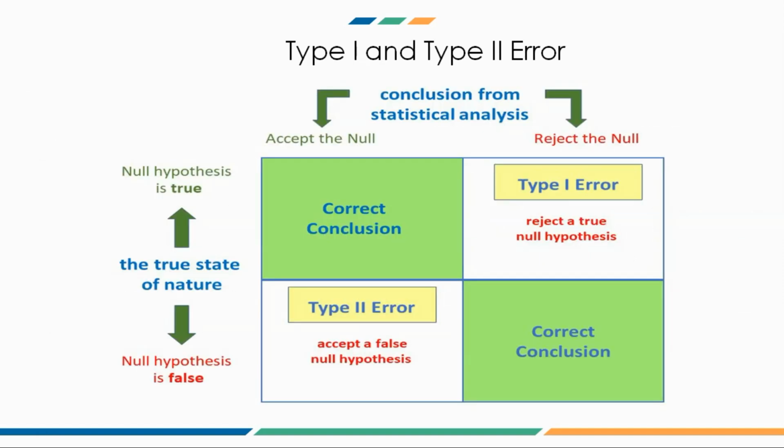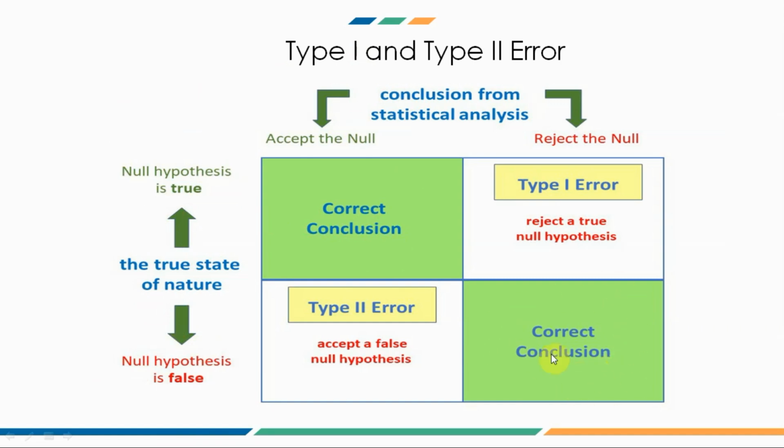Type 1 and type 2 error. This is another important topic in sampling errors. Here it is clearly given: accept null hypothesis, reject null hypothesis, and true and false statements. When the null hypothesis H0 is true and we are accepting it, that is a correct conclusion. When the null hypothesis is false and we are rejecting it, that is also a correct conclusion.